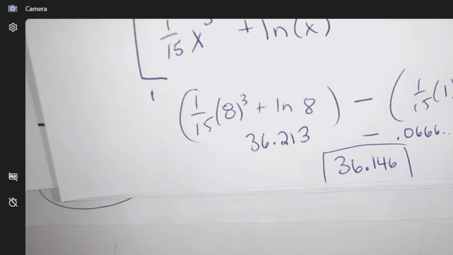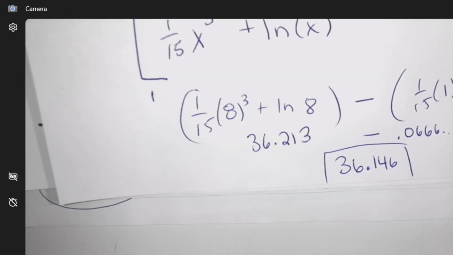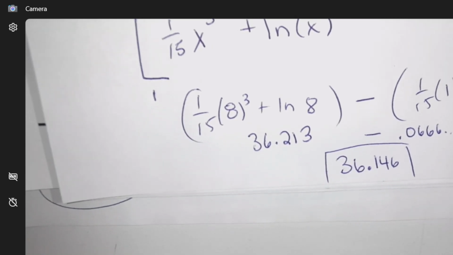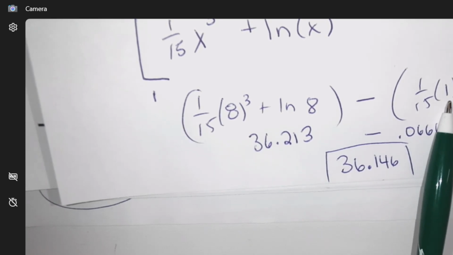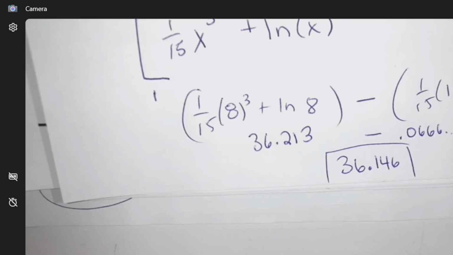No. ln of 1 is 0. So yeah, this is 0. But then I also got 0 for the 16. You should get 1/15. There's just a 1/15 on that. Yeah, I got it.